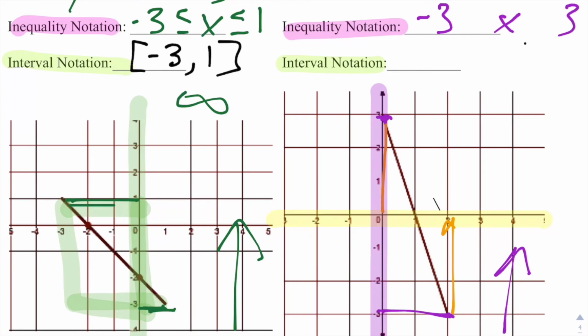Because -3 is included, y is greater than or equal to -3, and y is less than or equal to +3 because +3 is included. And I would write this in interval notation using brackets because they're included, -3 to +3, and that is my interval notation.